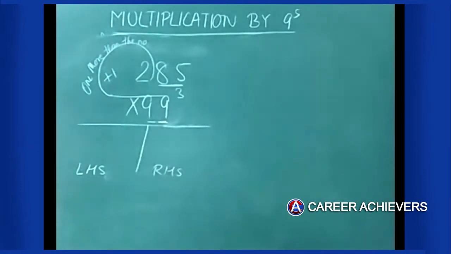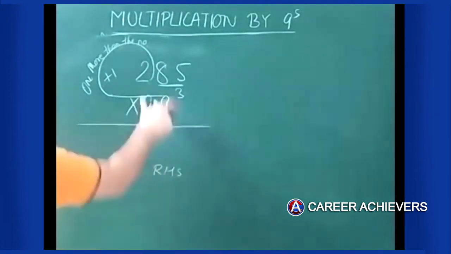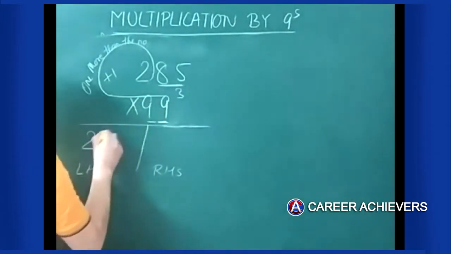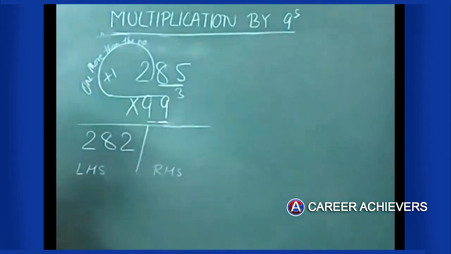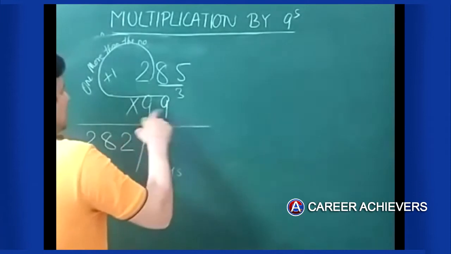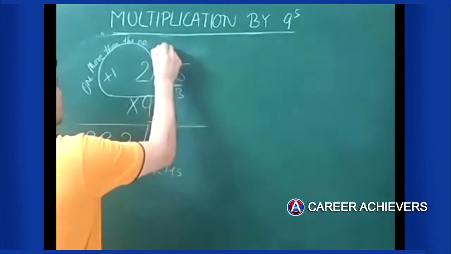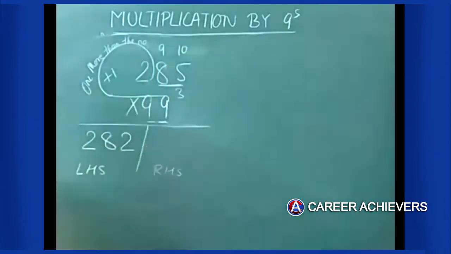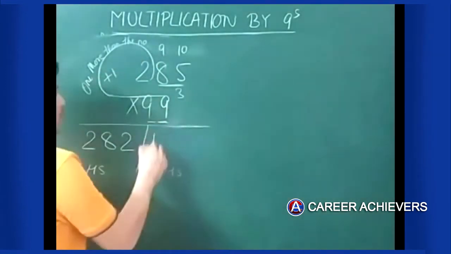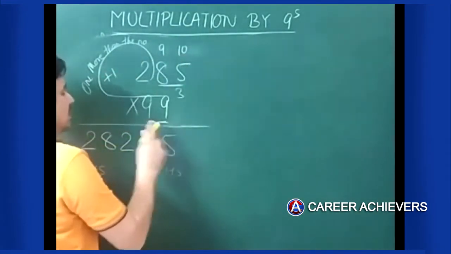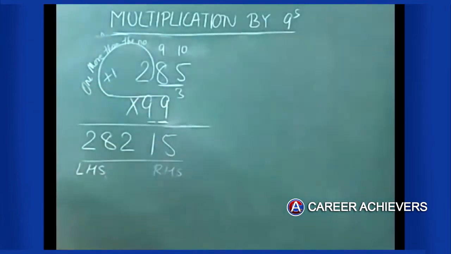And in simple language, we add 1 to this number and subtract it from the original number. I will get 282. And then for RHS, we apply all from 9, last from 10 to as many digits as there are 9s. In this case, for 2 digits. So this becomes 9 minus 8 is 1 and 10 minus 5 is 5. So the answer is 28215.